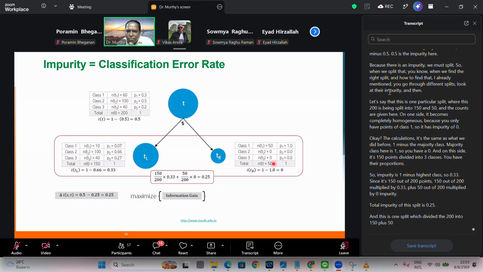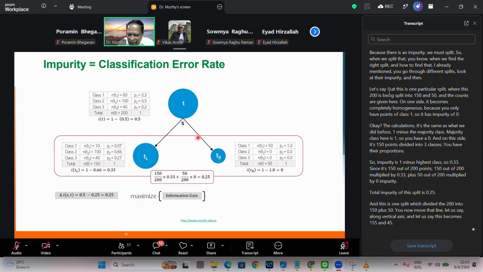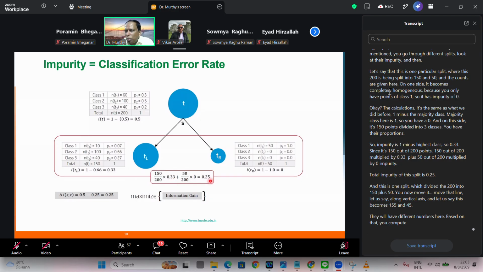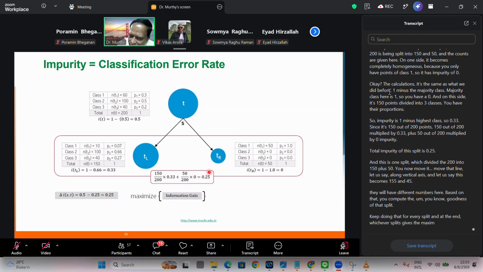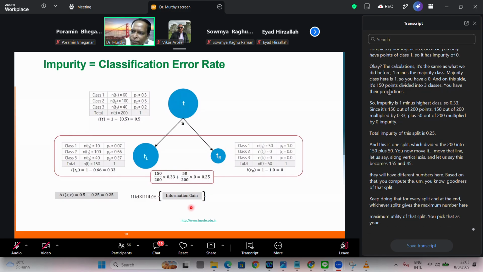You now move that line, let us say, along the vertical axis, and let us say this becomes 155 and 45. They will have different numbers here. Based on that, you compute the goodness of that split. Keep doing that for every split, and at the end, whichever split gives the maximum utility, you pick that as your root split.